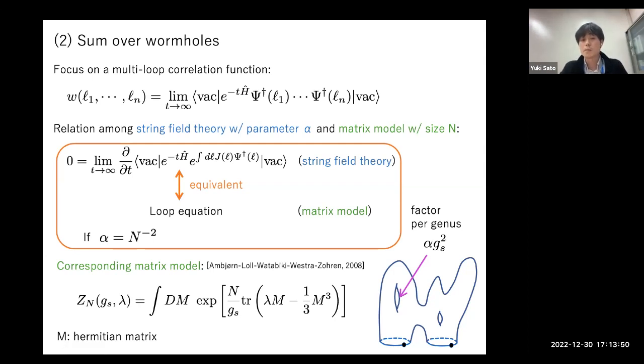So from now, I wish to take a sum over all possible wormholes up to infinity using this matrix model. But if you wish to sum up all possible wormholes, you can simply set this alpha to be 1, because we don't have to count the number of the genus. So if you set this alpha to be 1, this means that the size of the matrix is equal to 1. So the matrix integral can be reduced to a one-dimensional integral. So the great simplification happens here.